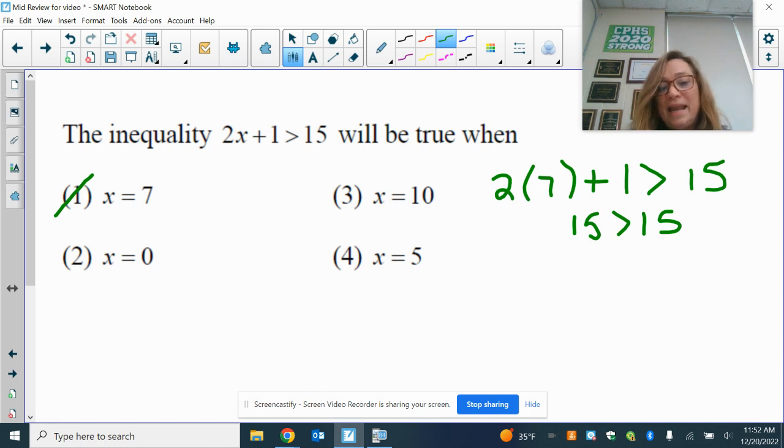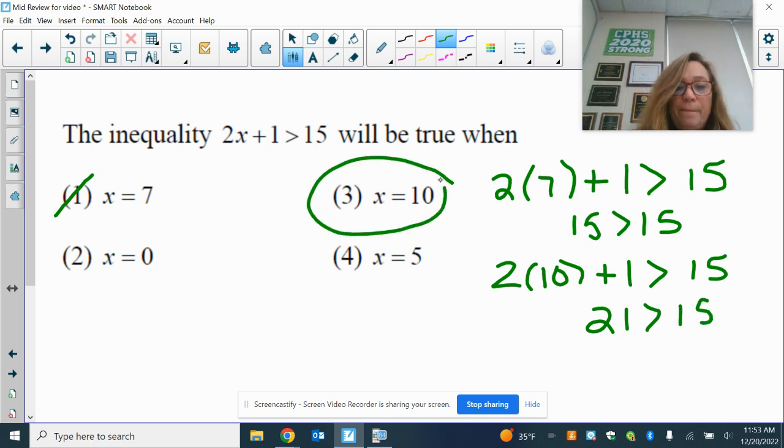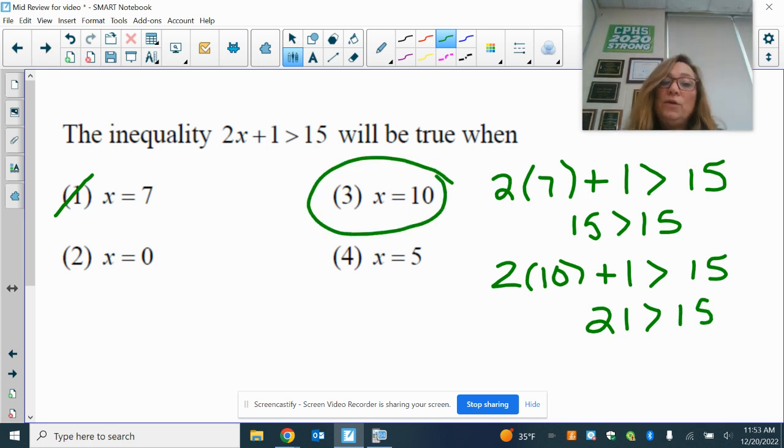I'm going to now choose a bigger number because I want the left side to be bigger than 15. So I'm going to choose the 10. 21 is bigger than 15, and that happens to be true. And again, you can use your calculator to check this.